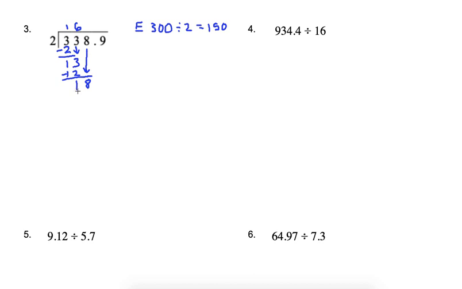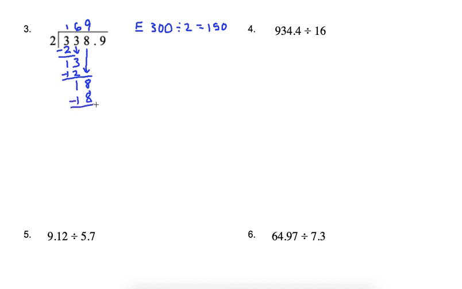Okay. How many times does 2 go into 18? That is actually 9, isn't it? So 2 goes into 18 9 times. 9 times 2 is 18.